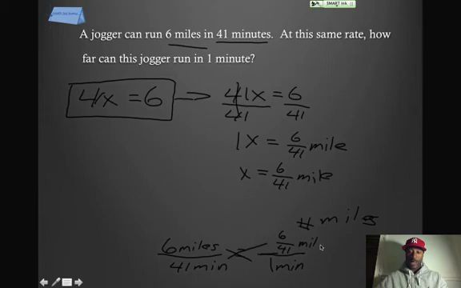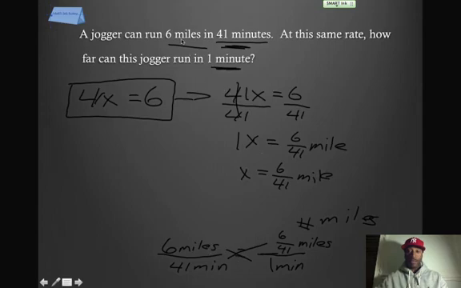That's how I solve the proportion method to find out my missing value for the miles. Now I have a unit rate. The problem gave me 41 minutes up here, but they wanted to know how far the jogger can run in 1 minute. This is the unit rate. So I set up my proportion.